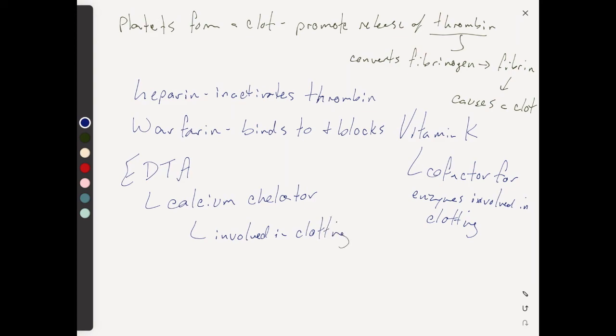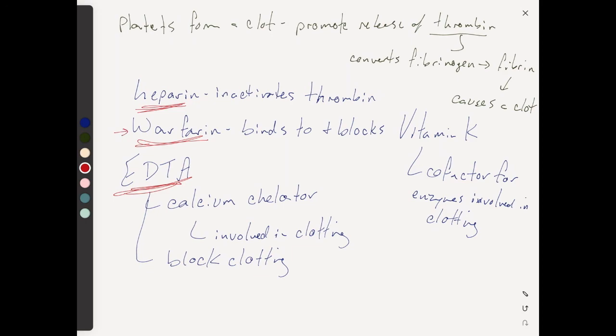It needs to be present for clotting to work. So if you suck up all of the calcium, EDTA is going to block clotting as well. So these are three different drugs, EDTA, warfarin, and heparin, all of which block clotting pretty severely.